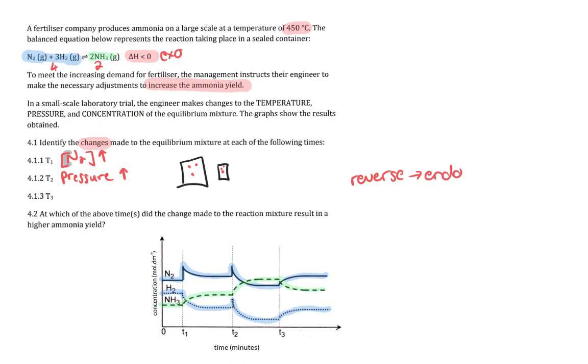So now I look at what type of temperature change favors my endothermic reaction. And that is an increase in temperature. Because if I increase the temperature, my system wants to decrease it, and it does that by using the energy up, and that is exactly what an endothermic reaction does. So in other words, the answer to this question is the temperature was increased.